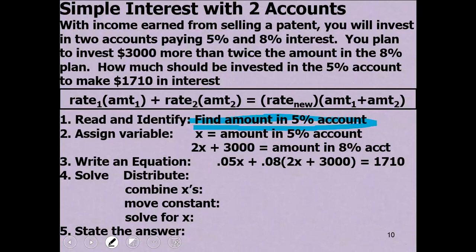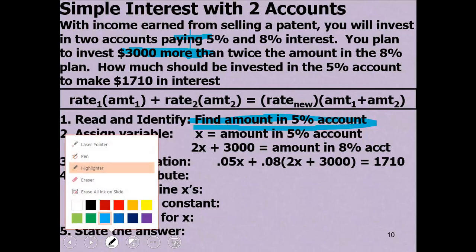Okay, so X is the amount in the 5% account. Now to find the amount in the 8% account, we know that it has to be $3,000 more than, so that's a plus, twice the amount. So $3,000 plus twice X. Again, now we're at the point where we can distribute.